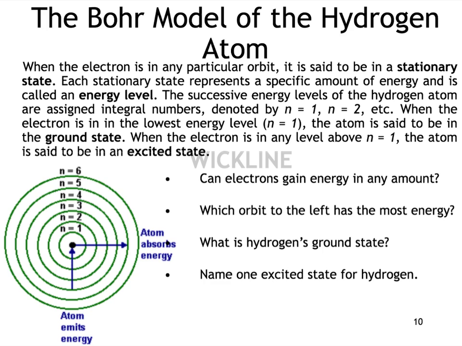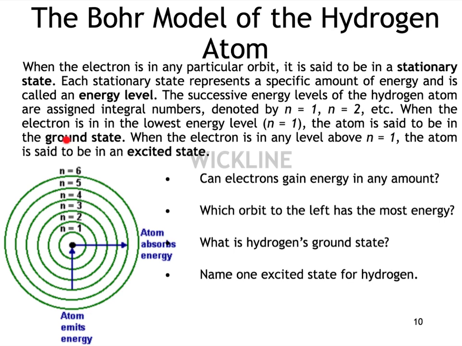That's what these arrows are saying: as the atom absorbs energy, electrons can go up to higher orbits, but they can also go from, let's say, orbit 4 all the way down to 1, but it would have to release energy in the process. So moving up orbits absorbs energy, and moving down orbits releases energy. These are called orbits or energy levels.